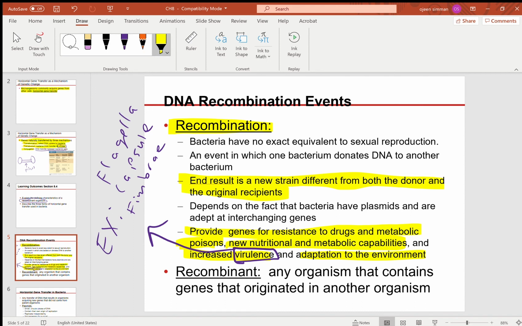So what's a recombinant? This is basically any organism that contains genes which originated from another organism. Any questions so far?